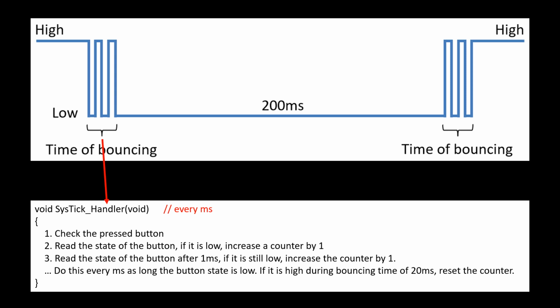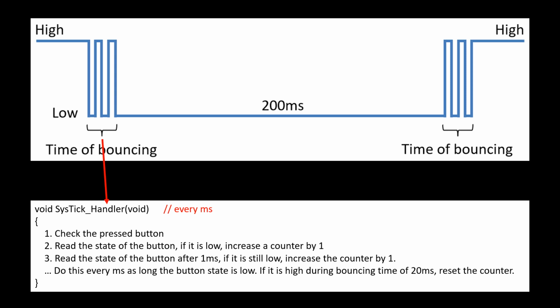Of course, you can use another handler or another timer interrupt which will be called every millisecond. Here we check every millisecond which button is pressed and the current state of the button, since the SysTick handler was called every millisecond.